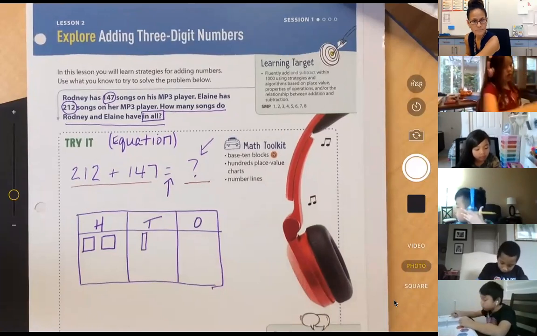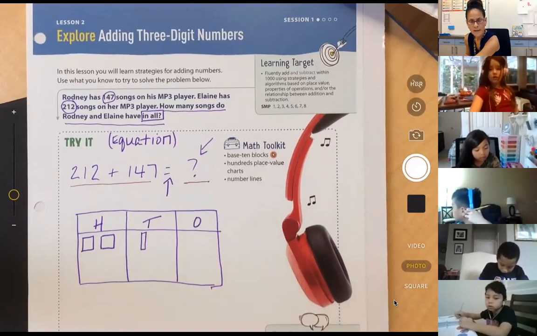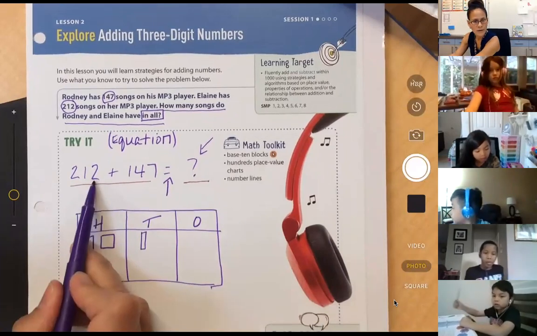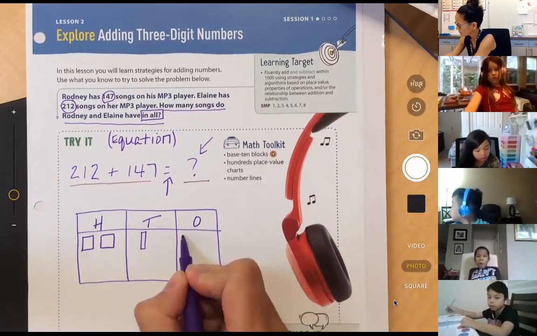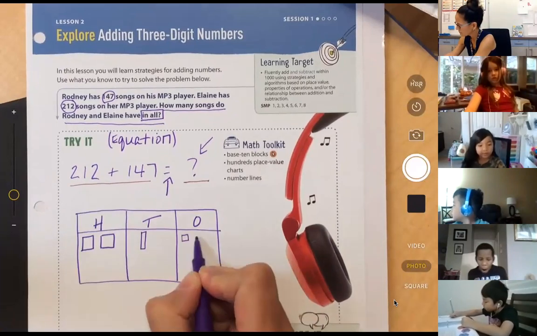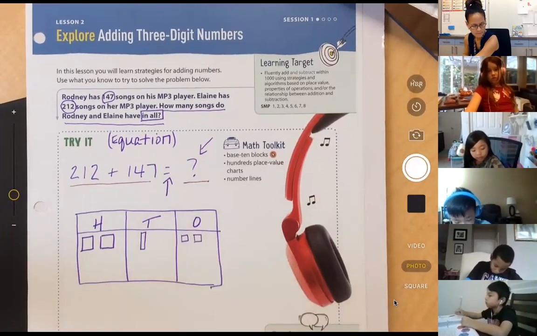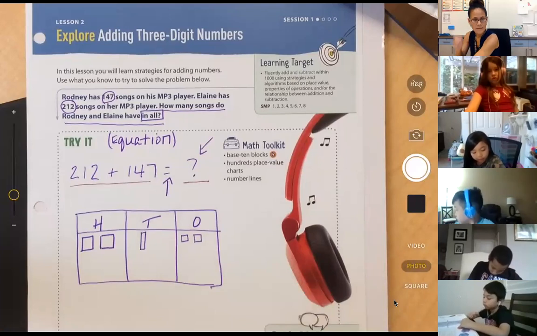Awesome. And then I can look back at my number and I can say, oh, 212 has 2 ones. Awesome.